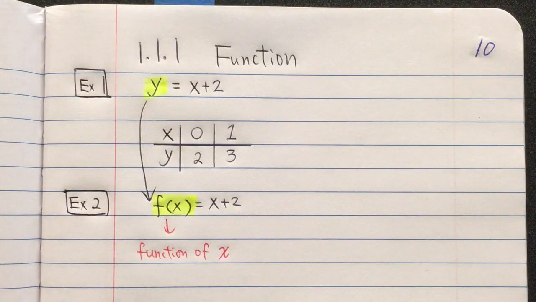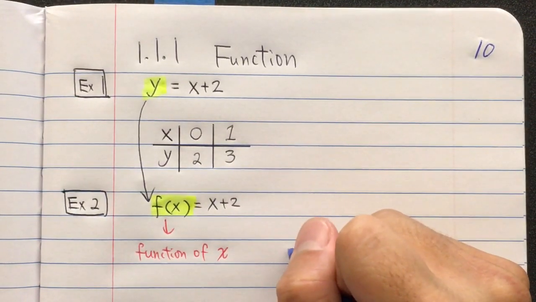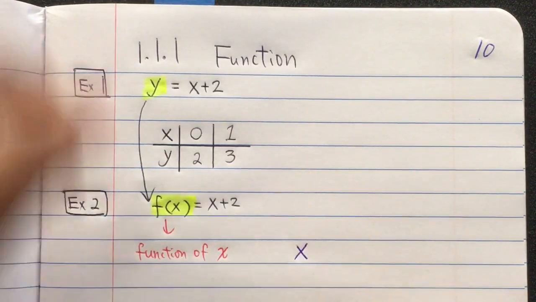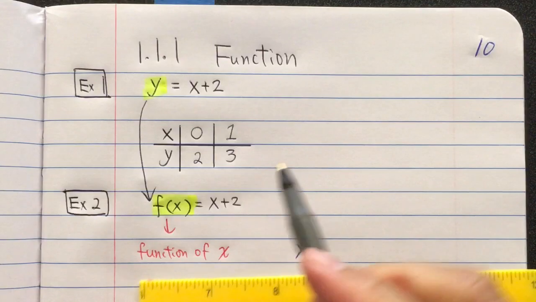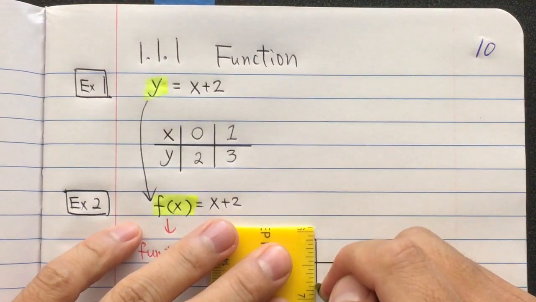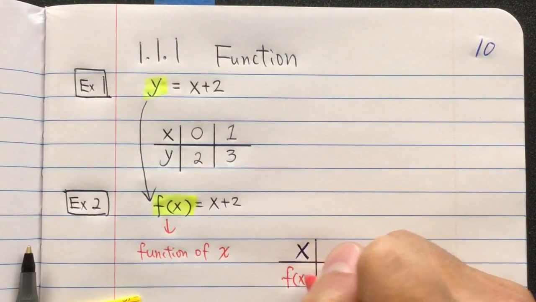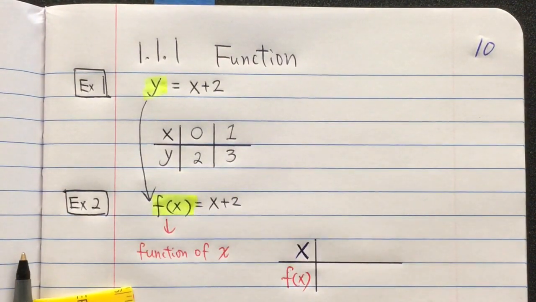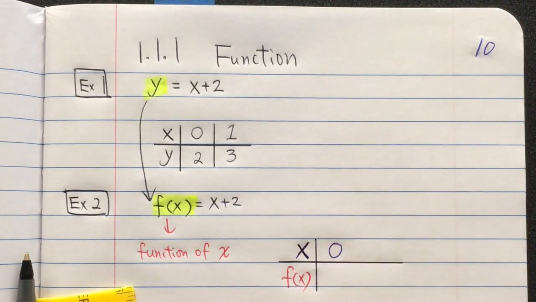Now we can make a table for it, and you will see it's exactly the same. We still have x. And now I call this f of x. You got it? Is that easy? So again, when x equals 0, what is f of x?